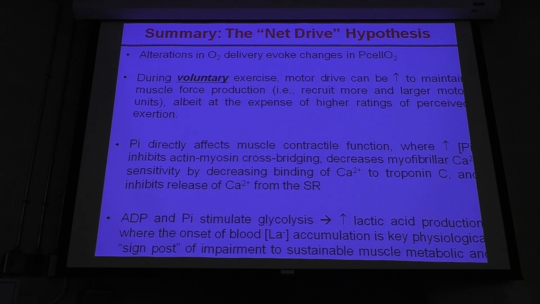ADP and inorganic phosphate stimulate glycolysis, and we know that an increase in stimulation of glycolysis will increase the rate of lactic acid production, where lactic acid itself is not necessarily the determinant of fatigue, but it is certainly a signpost or a physiological marker that there is an impending, a forthcoming impairment in muscle metabolic state. If we start dumping out lactate from the muscle, we know that exercise intensity is probably not sustainable for much longer.